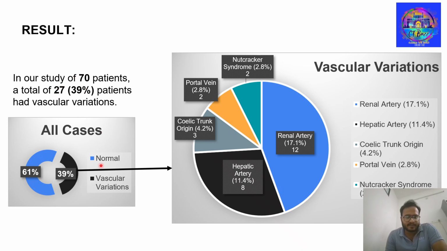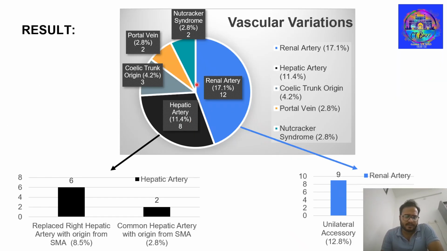Out of 27 patients, this is a pie chart showing the most common being the renal artery variation, 17%, followed by hepatic artery, then celiac trunk, then portal vein, then nutcracker syndrome. The most common among all five were renal artery and hepatic artery.